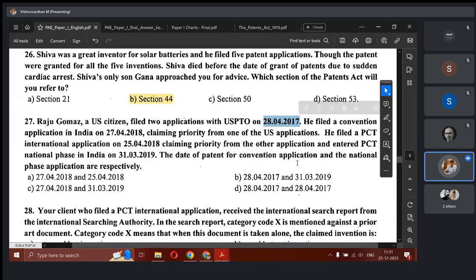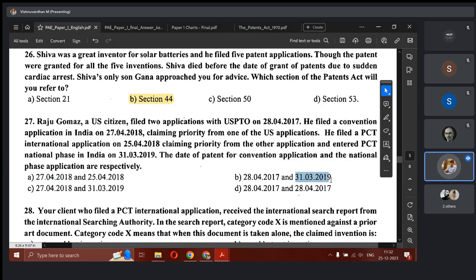So the date of patent for the conventional application and the national phase PCT application are respectively 27/4/2018 and 25/4. I don't think all this is correct at all. So 27/4/2018 is not true because it draws on the previous priority. And 25/4/2018 is also not true because even a PCT draws from the previous priority. 28/4/2017, yeah, this is correct.